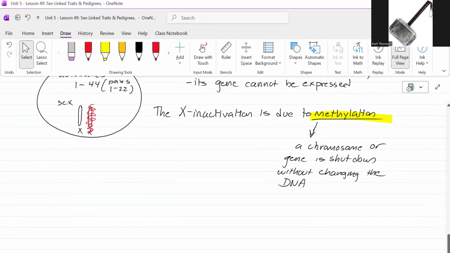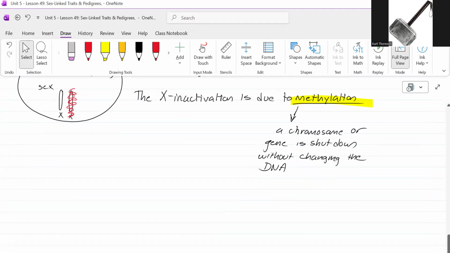Methylation can be added and methylation can be removed. It happens a lot, and we're going to talk way more about it when we get to lesson 50 after this.